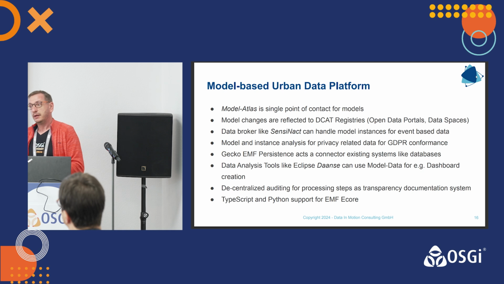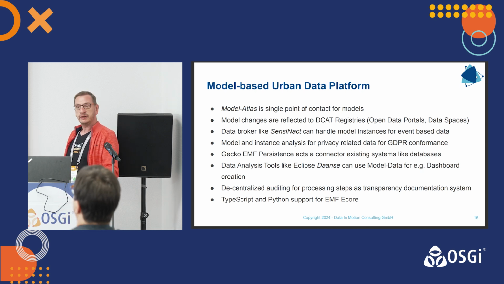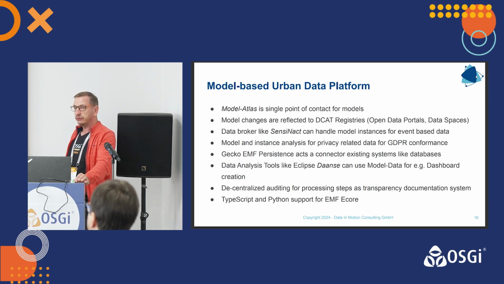So, when we talk about a model-based urban data platform, then we will see that our model atlas is a single point of contact when you want to use a model, when you need model information, schema information.